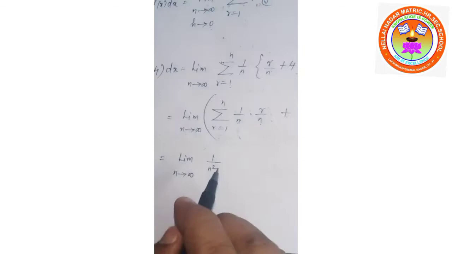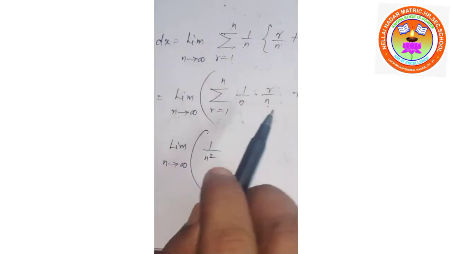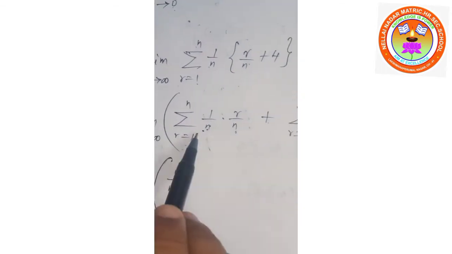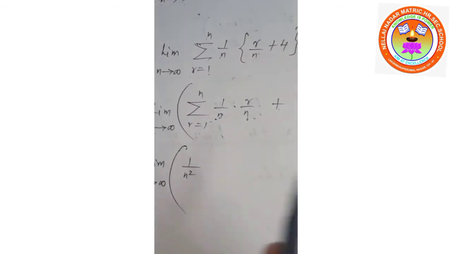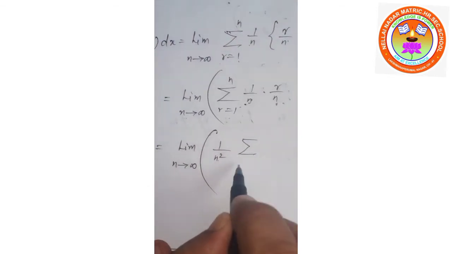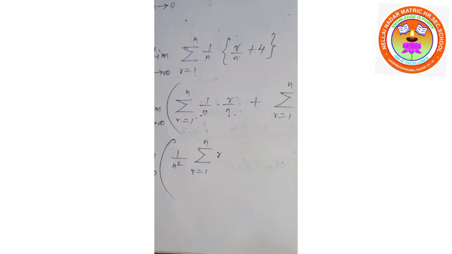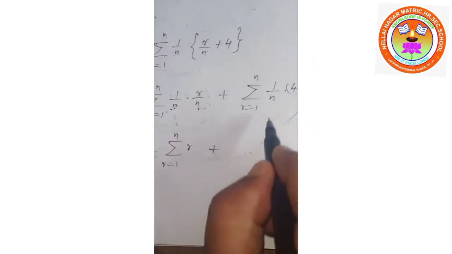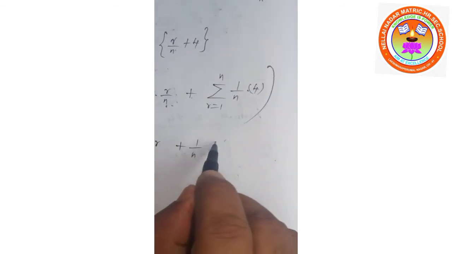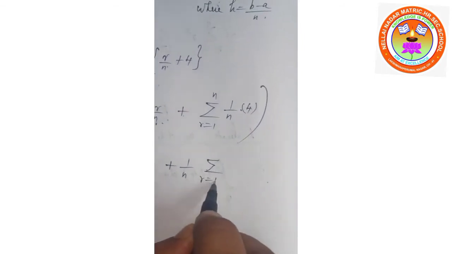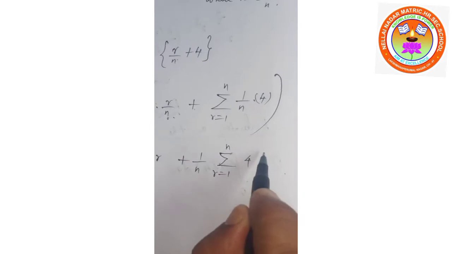So write limit n tends to infinity, 1 by n into n, that is 1 by n squared, sigma r equals 1 to n r, plus write 1 by n first, sigma r equals 1 to n 4.